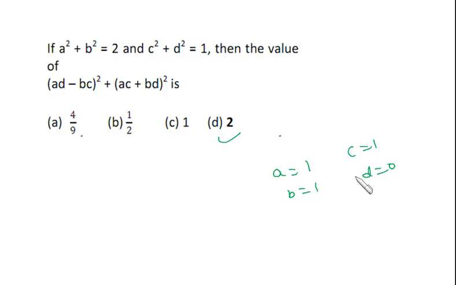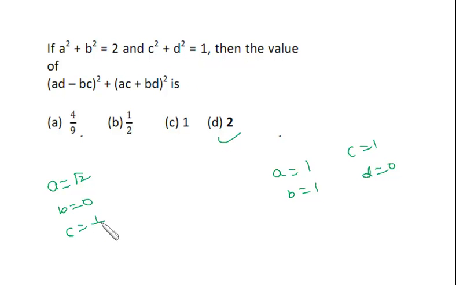Okay, now we take another set of values, right? So in exam, you be confident that whatever is the procedure you are adopting, it's correct. Here a square plus b square is 2. I assume a as root 2. So a square will be 2, b is equal to 0. Here c square and d square, I just take c square as half and d square as half.